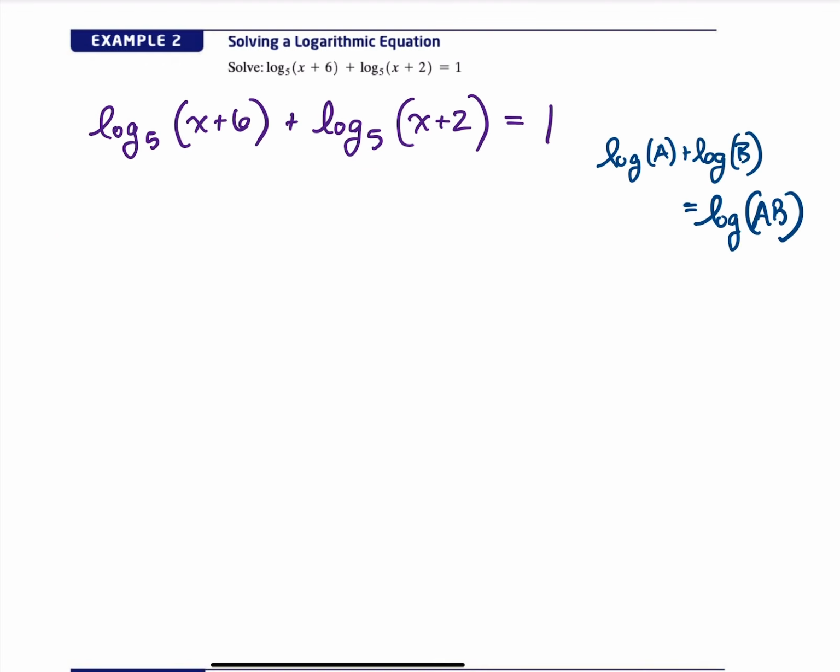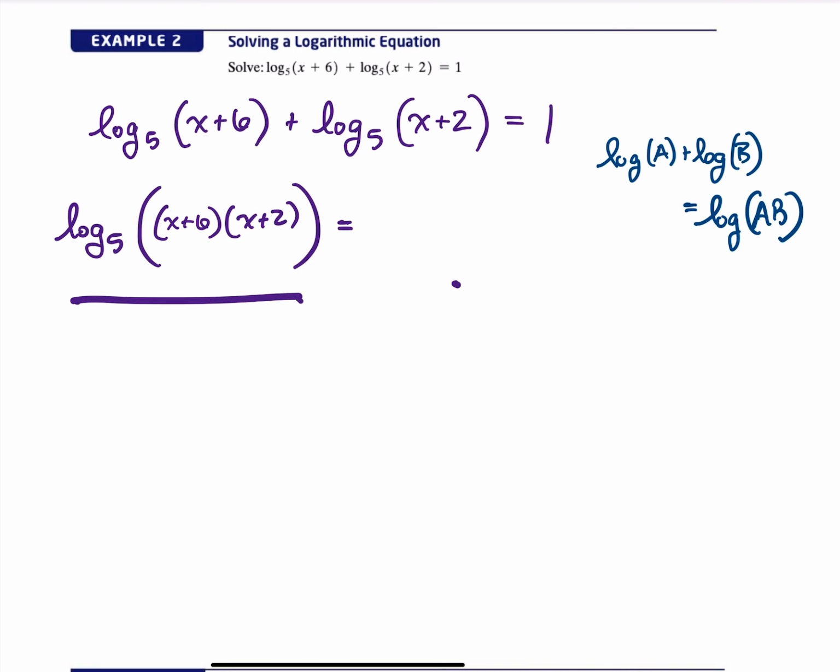We can make this log base 5 of x plus 6 times x plus 2, equal to 1. But we really want this to be just the log base 5 of something on both sides.